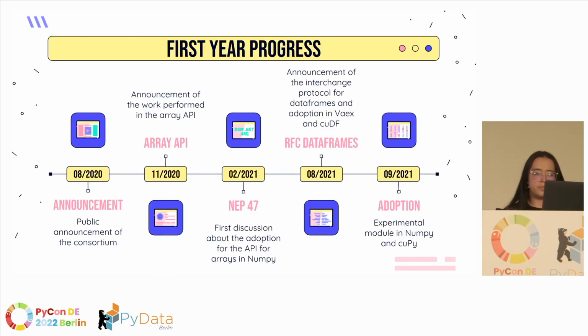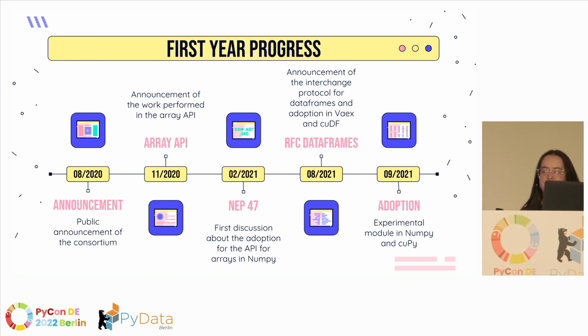So the first year progress for the consortium: we started to work in August of 2020. Well, that was the public announcement of the consortium, and that was when the meetings started. In those meetings, we have a lot of people that are involved in all the projects. So we have maintainers from NumPy, CuPy, Xarray.